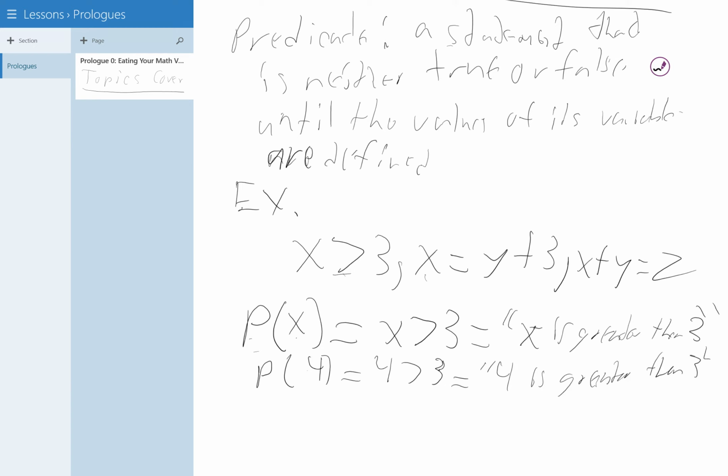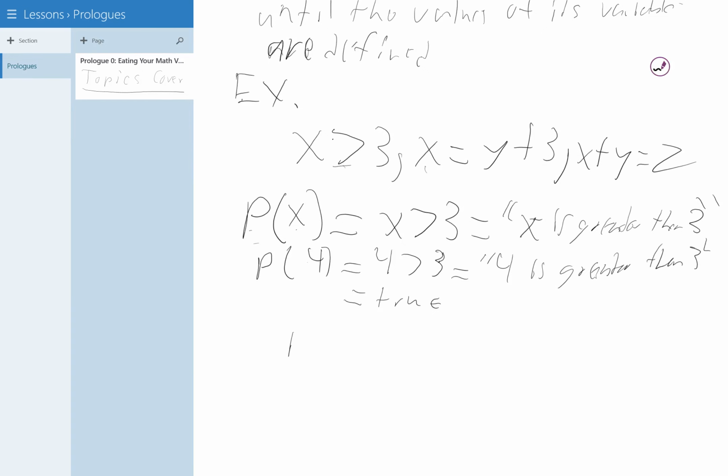P of 3 on the other hand is false, because 3 is not greater than 3, it's equal to it. So these are what we call propositional functions. This p of x is a propositional function.